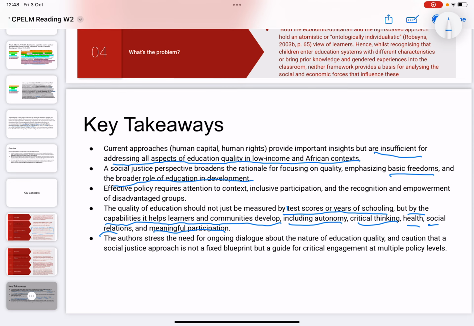If we have a different framework for defining what quality education is, maybe we can make sense of how education can be measured.